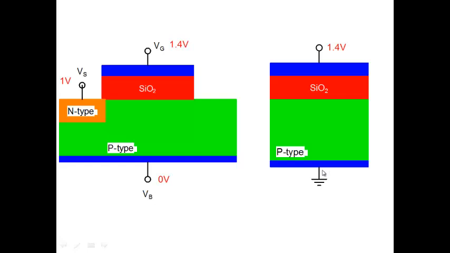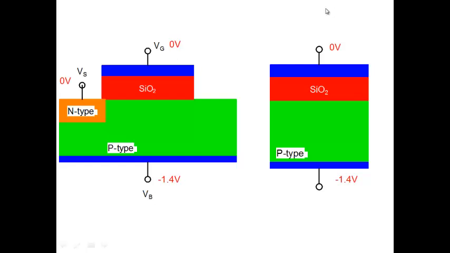Will I have threshold or not? Yes or no? 1.4, 0. Same structure, everything same. Will I have threshold? Is my device at the onset of inversion? All right. This is even more interesting. The next one.